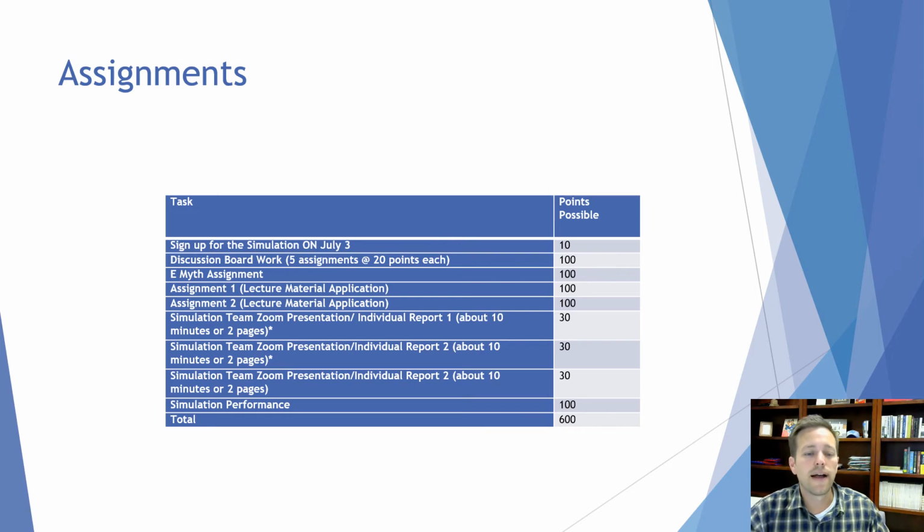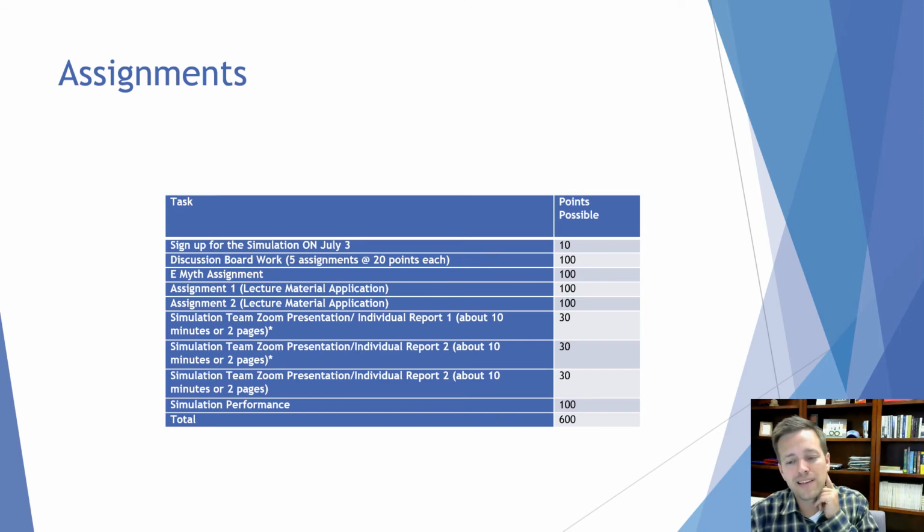But again, don't freak out about that, but it is a portion of your grade. It's 100 points, so it's a sixth of your grade. All right, so the grand total is 600 points, and that's the breakdown for the course. Kind of, let's see, 200 points are simulation, 100 points is eMyth Revisited, 200 points are course material, and then the discussion board stuff, which is going to be over some eMyth Revisited, maybe some simulation, and maybe a lot of my lecture material, is going to be worth 100 points as well.